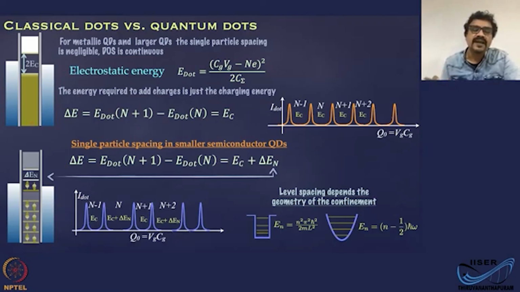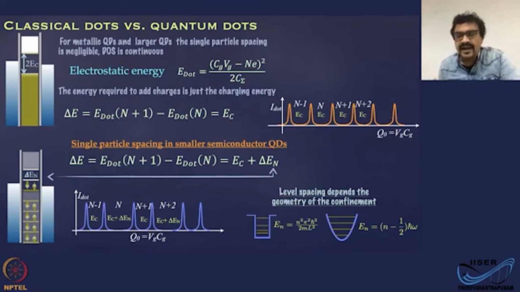So the total energy that the quantum dot got is just its electrostatic energy, that is (CgVg minus Ne) all squared divided by 2C sigma, where this corresponds to the charge on the gate and this corresponds to the number of electrons. C sigma is the total capacitance.